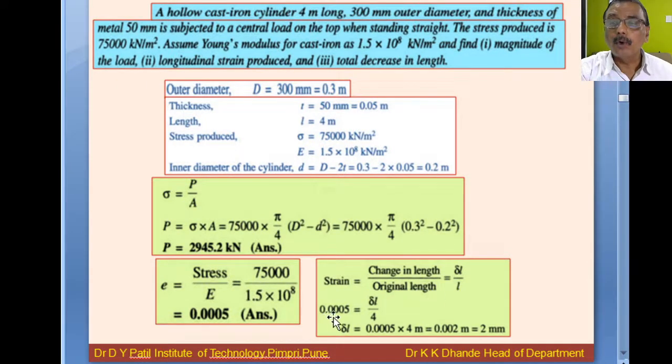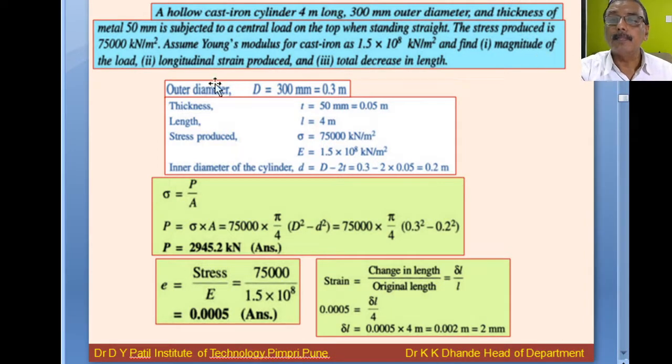So 0.0005 strain we have already calculated is equal to delta L upon L. L is equal to 4 meter, it is already given in the numerical. After cross multiplication, delta L is equal to 0.0005 into 4, which is 0.002 meter. Convert into mm, multiply by 1000, so you will get 2 mm.